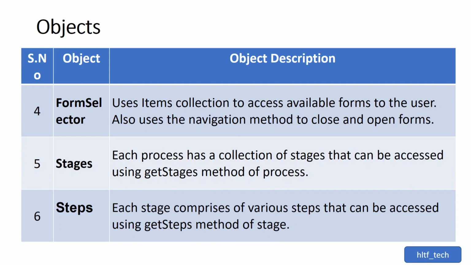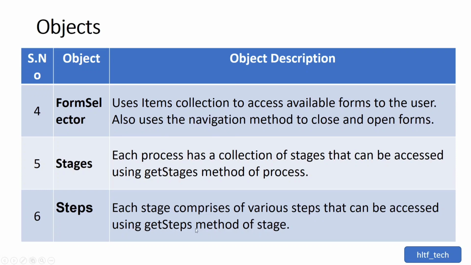Form selector uses the items collection to access the forms available to the user. For stages, different processes have a collection of stages that can be accessed using the get stages method of process. You will use the get stages method in retrieving the stages related to any process.